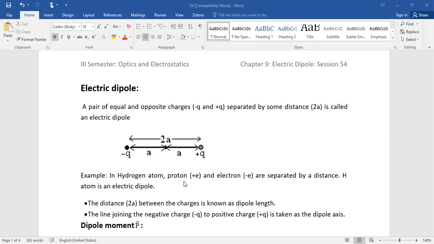The proton is in the nucleus and the electron is outside it. There is some gap. Proton and electron have equal magnitude of charge and opposite nature, positive and negative, with some separation. Therefore, the hydrogen atom itself is an electric dipole. Molecules and atoms showing electric dipole properties have useful applications.